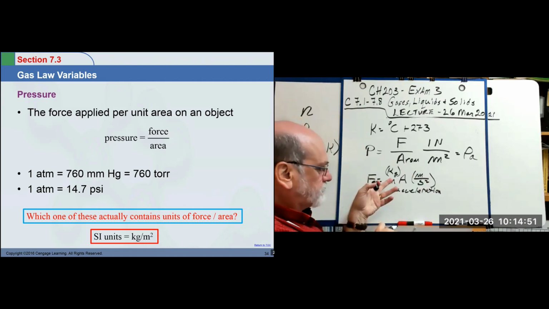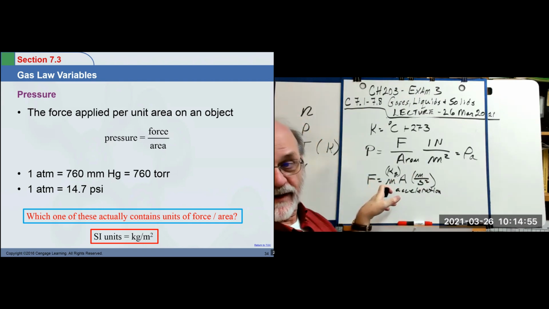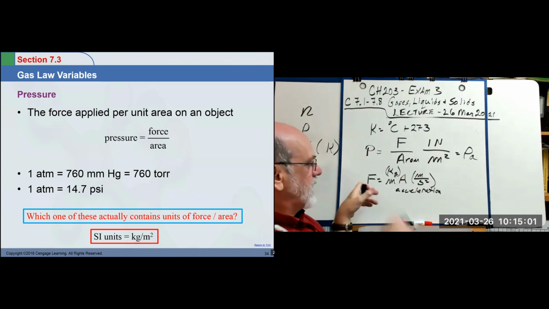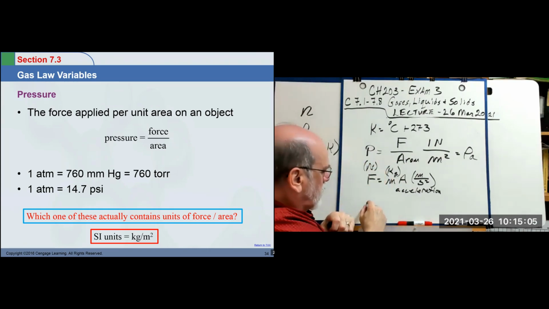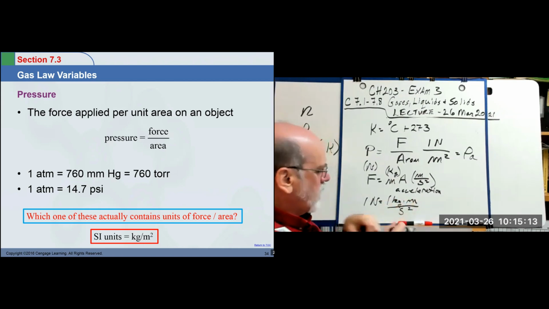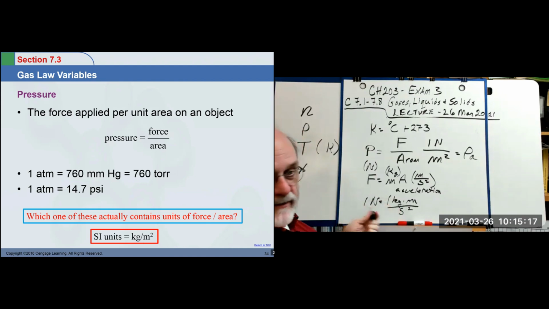So if a mass is accelerated at a given rate, it requires a certain force, and this force is the Newton. So 1 Newton is equal to 1 kilogram meter per second squared. That's the relationship of kilograms and newtons.